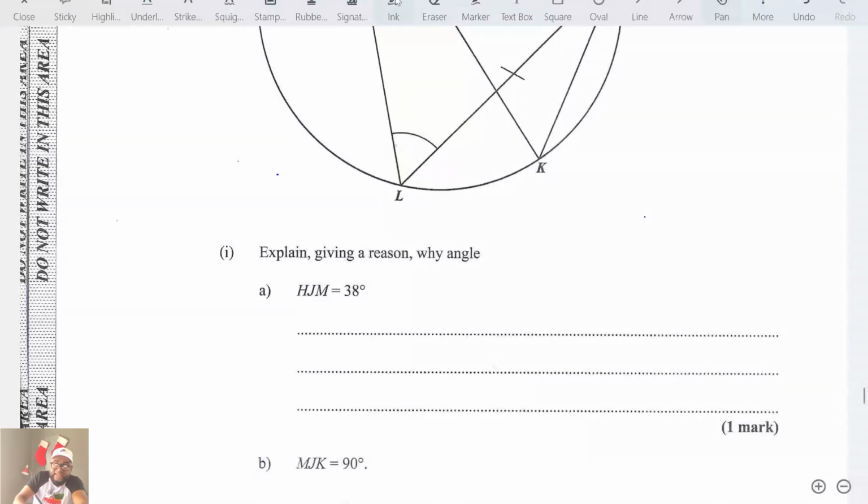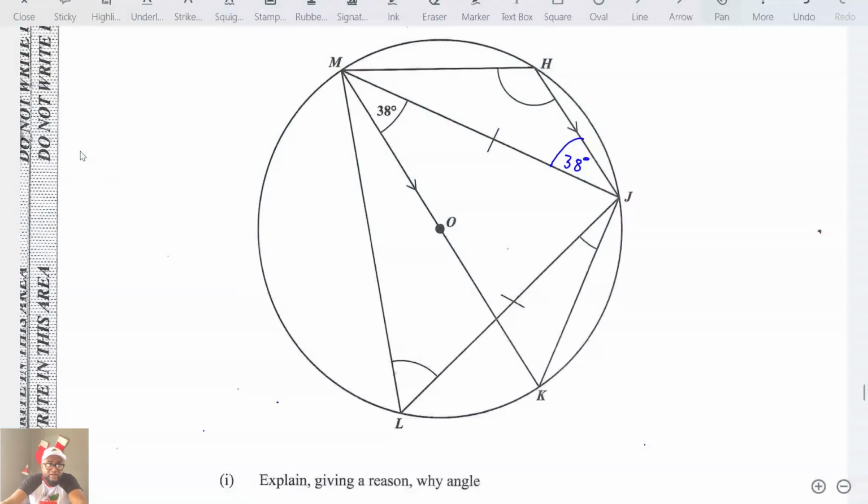For those who have not seen it, this is how it looks, right? Watch it. It's a pair of parallel lines. So one here, and then a smaller one up here, and then you have a line going from M to J, right? They told us down here was 38. These two lines are parallel.